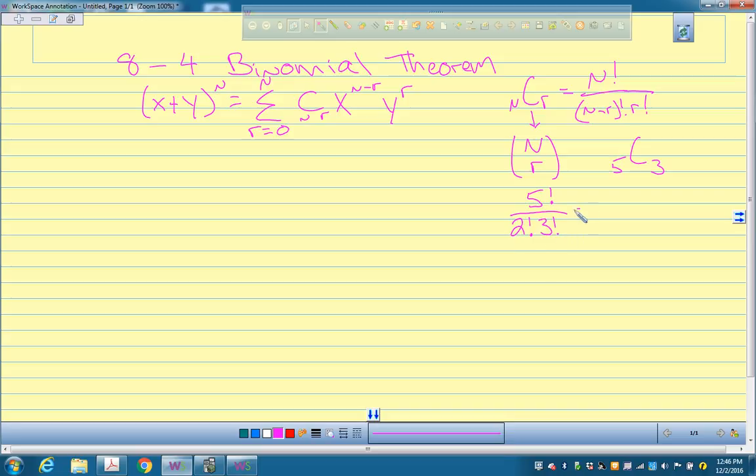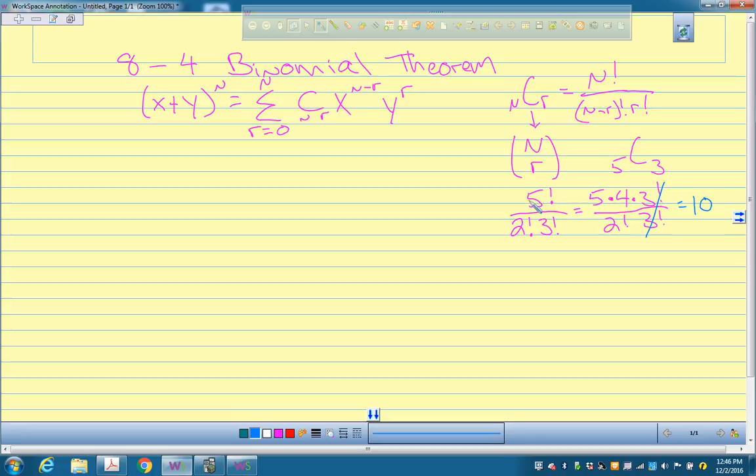The way you solve this algebraically is 5 times 4 times 3 factorial, divided by 3 factorial and 2 factorial. The 3 factorials go away, and you get 5 times 4 divided by 2 factorial, which is 10. So 5 combination 3 is 10.